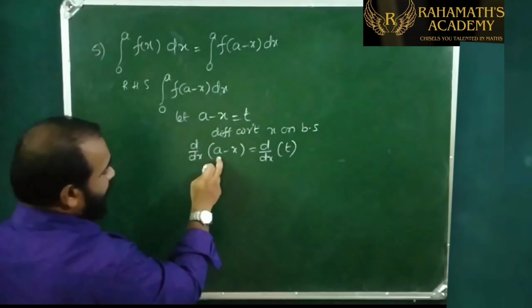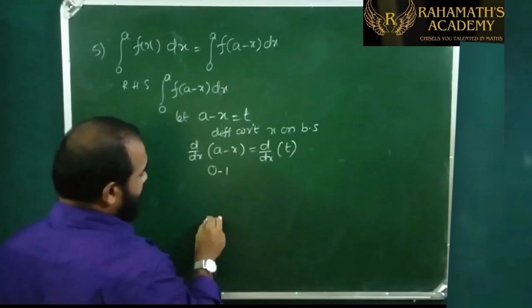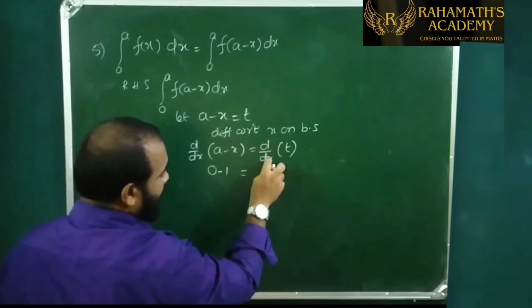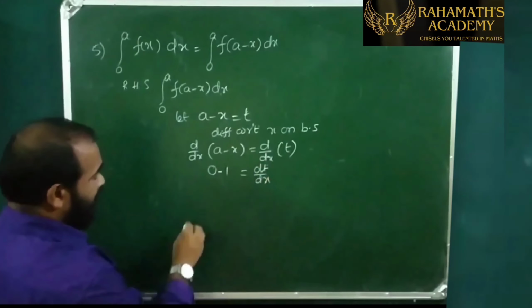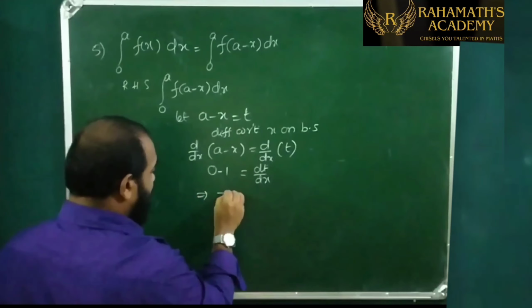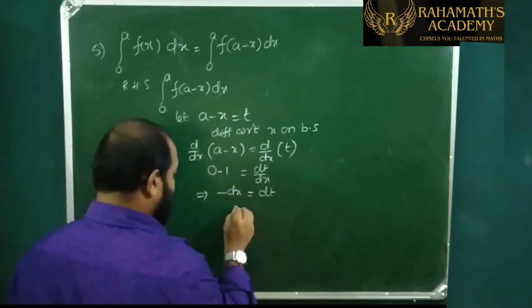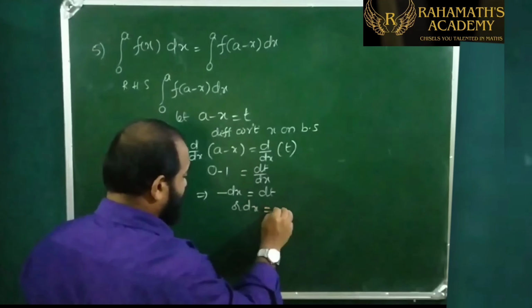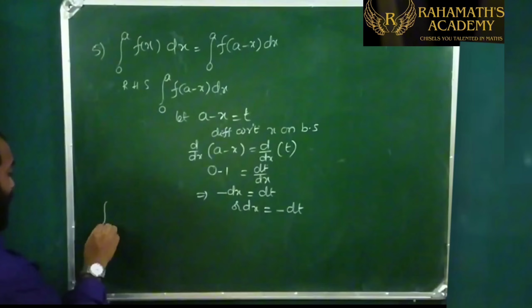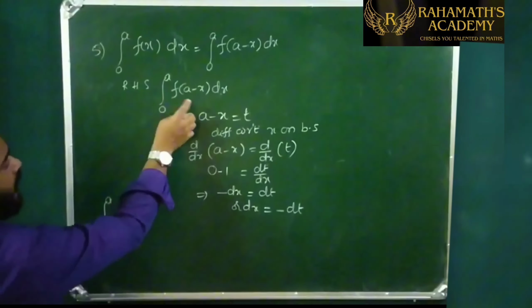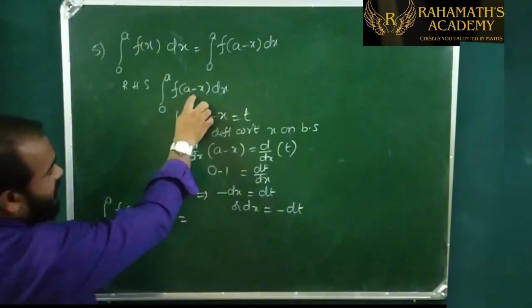The derivative of a constant is 0, minus d by dx of x is 1, equal to d by dx of t, which is dt by dx. That means minus dx is equal to dt, or dx is equal to minus dt. So now, integral 0 to a f of a minus x dx, let us consider this.